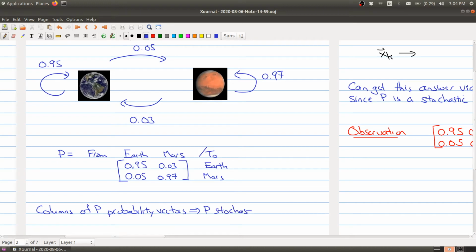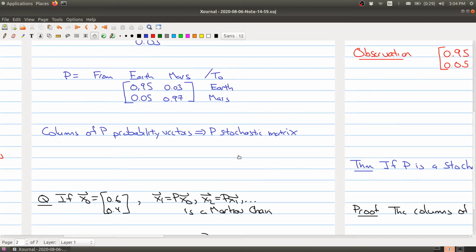We also had the initial distribution of the population between Earth and Mars: 60% on Earth and 40% on Mars. The x0 here is an example of a probability vector, because the entries are both positive and they sum to 1.